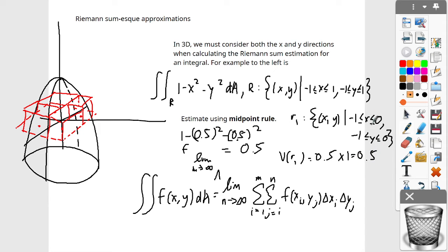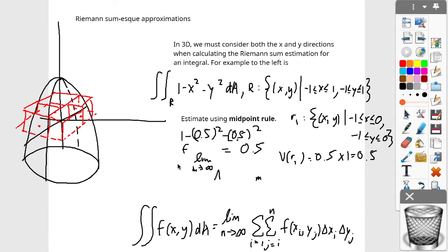Okay, let me move this down a little bit because this is annoying. There you go. And then since all 4 rectangles give you the same result, and all 4 f's give you the same result, the volume is equal to 0.5 times 4, which is 2.